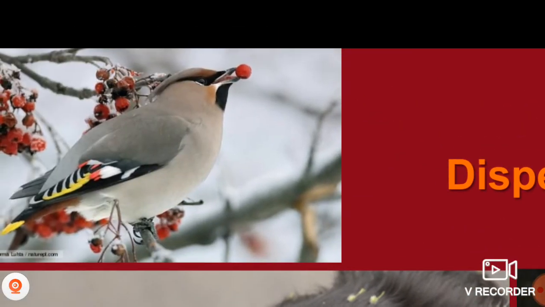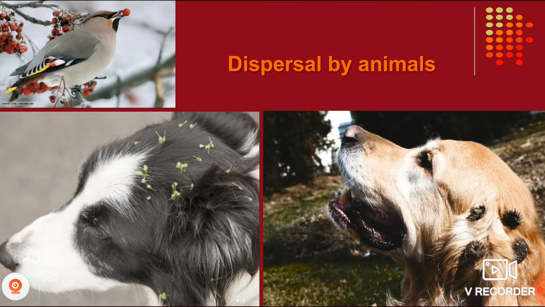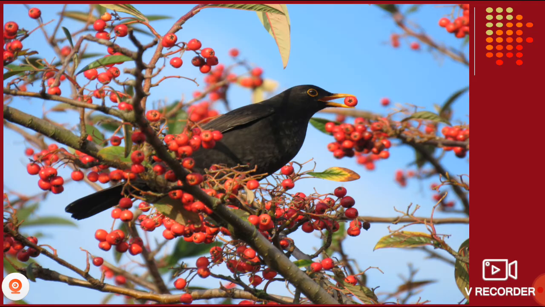In this diagram you can see this bird is eating this fruit. It will go inside, and after it passes through its digestive system, it spreads with the help of its excreta. Here again, the same thing: you are seeing that a bird is eating fruit.